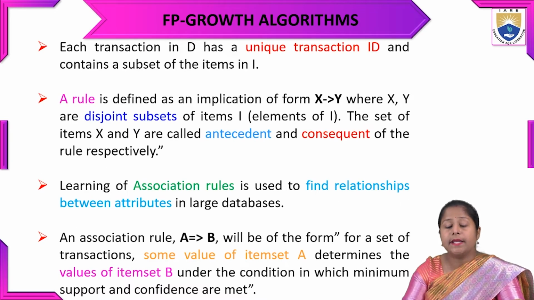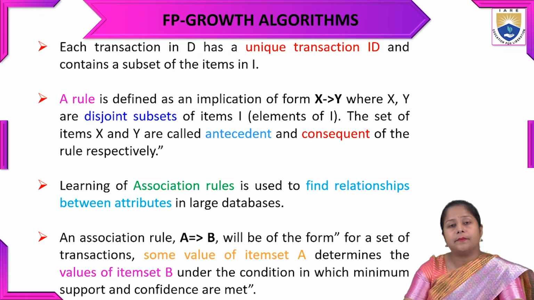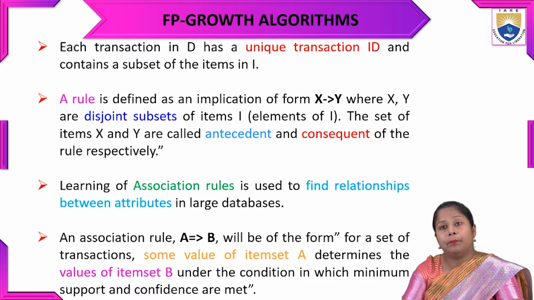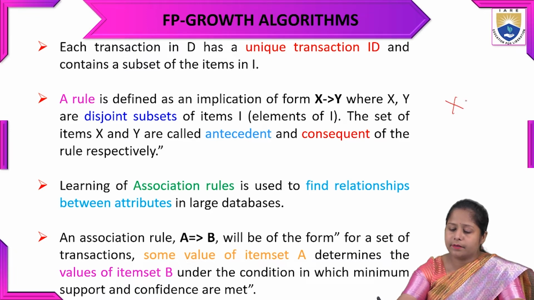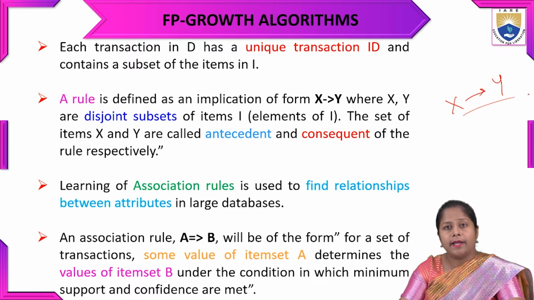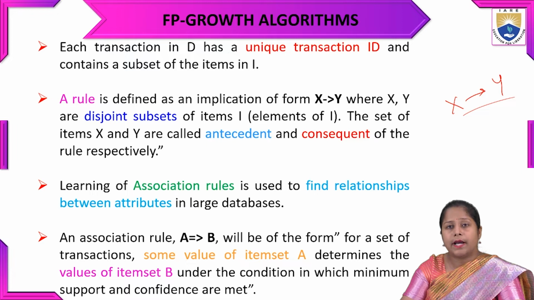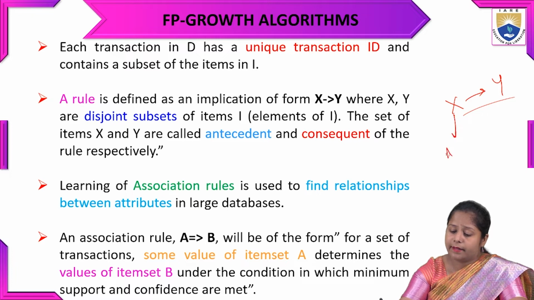Each transaction in the database D has a unique transaction ID and contains a subset of the items in I. A rule is defined as an implication of the form X implies Y, where X and Y are disjoint subsets of the item set I. X is called the antecedent and Y is called the consequent.